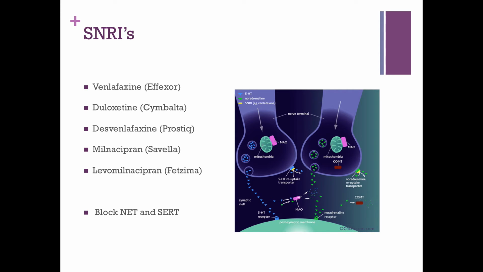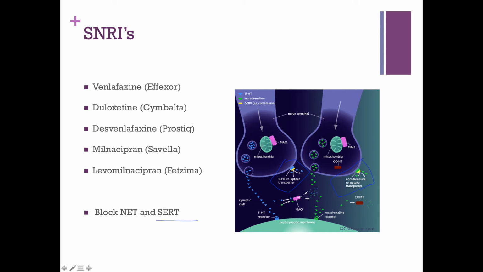You might see a couple of names that you know. Not only do they block the NET, or the norepinephrine transporter, they also block the serotonin one too. So let's take a look here. Here's our serotonin, and here's our norepi. Here you see our MAO and our COMT out here, breaking things down, doing enzyme things.